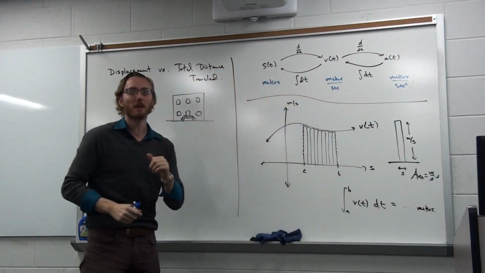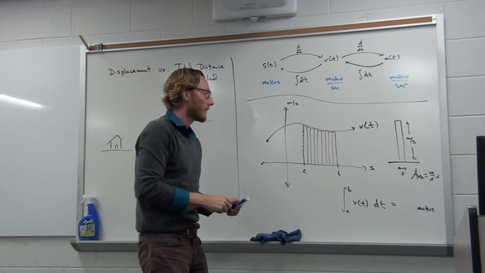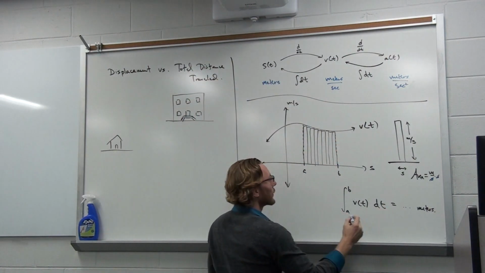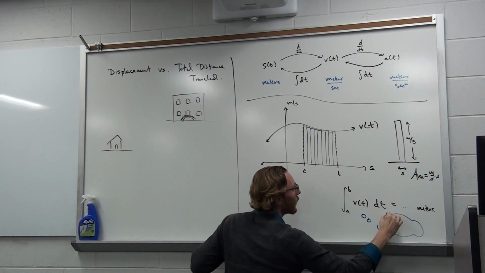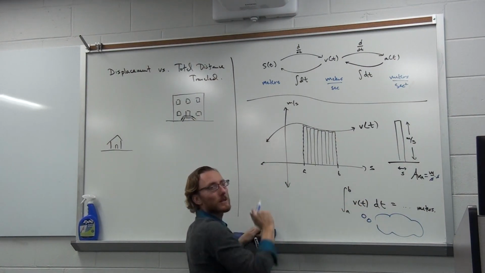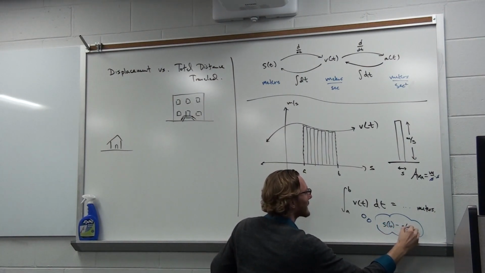You'll have a distance unit. And, oh man, that's a huge realization. I tell you what, just to add more salt to the fire, if you think about this, what is this computation ultimately going to be in terms of the position function? This is going to be S of B minus S of A.